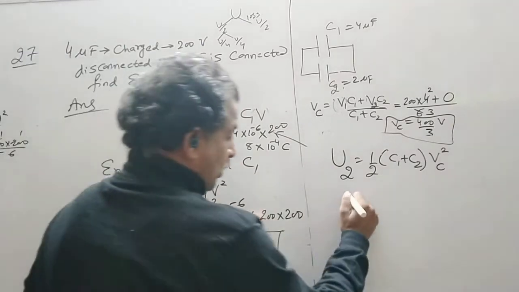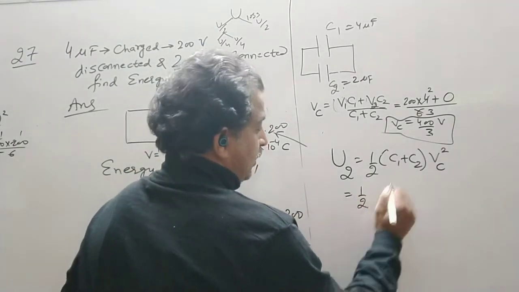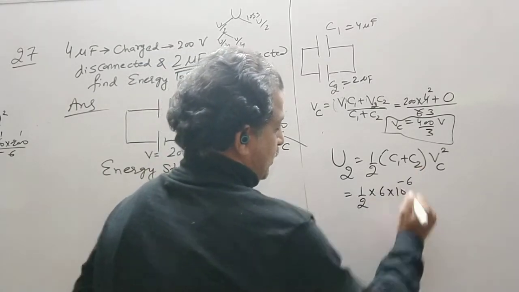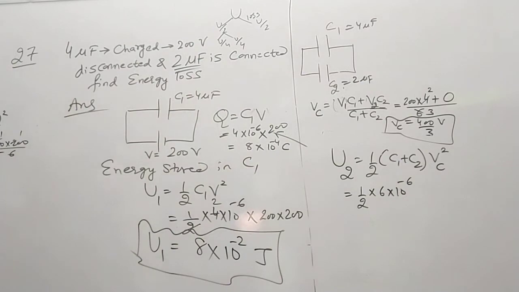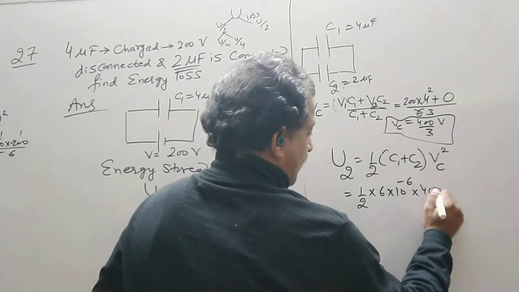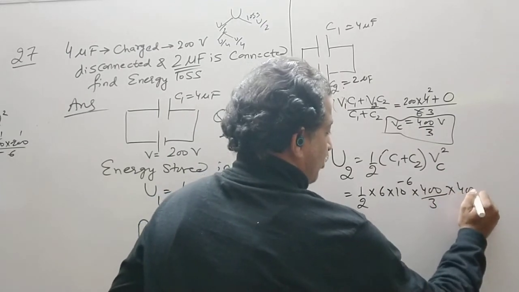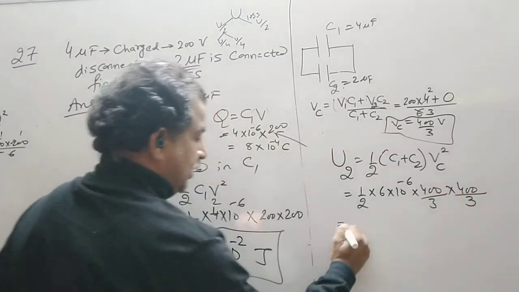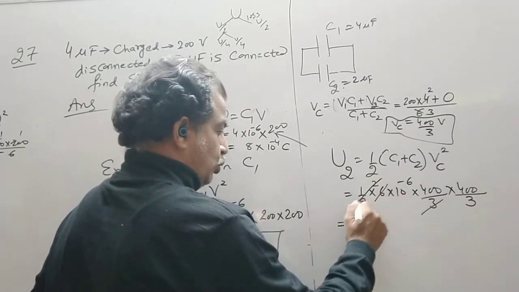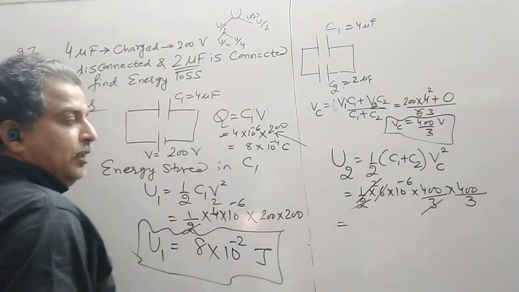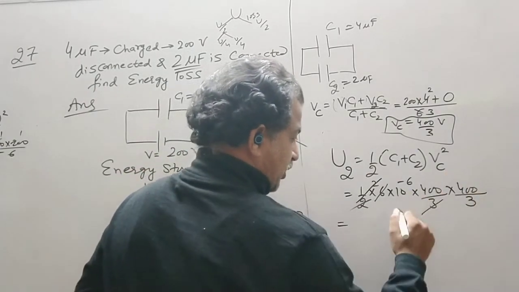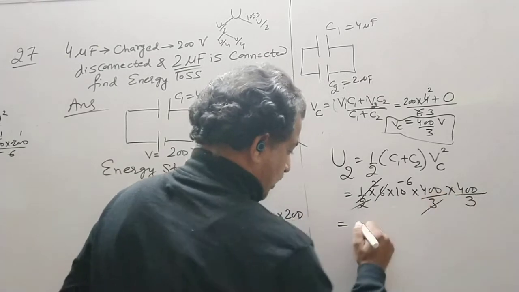So it is equal to half into 4 plus 2, that is 6 micro, so 6 into 10 raised to minus 6, times Vc square, that is 400 by 3 into 400 by 3. So this comes out to be, the 2 gets cancelled, 16 divided by 3.